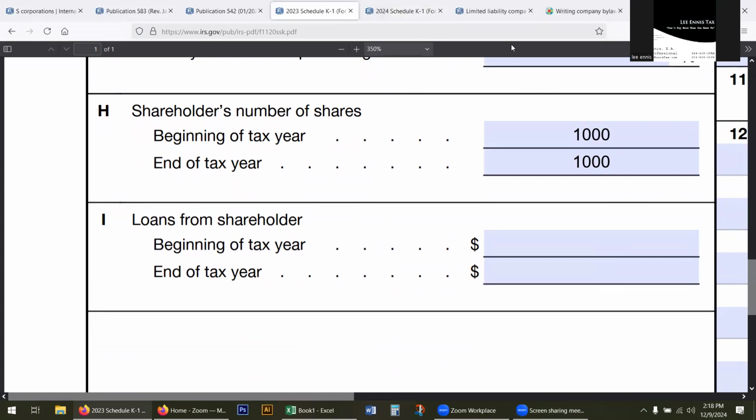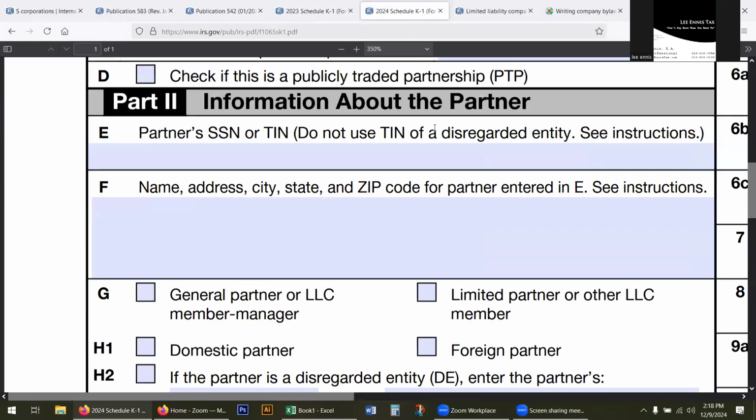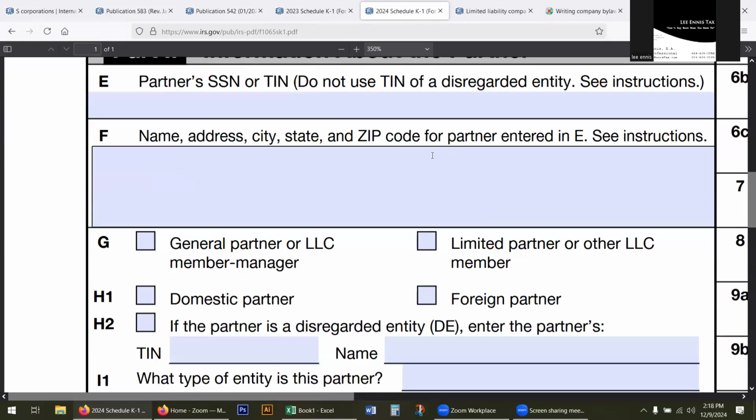So, again, that's completely up to how you want to structure your business dealings, but you have that option. All right, for partnerships, and remember, an LLC can be a corporation or a partnership, so any one of these situations can go for an LLC. All right. So for a partnership, there's going to be different kinds of partners. Remember, for an S corporation, you're limited to what kind of owners the S corporation can have.